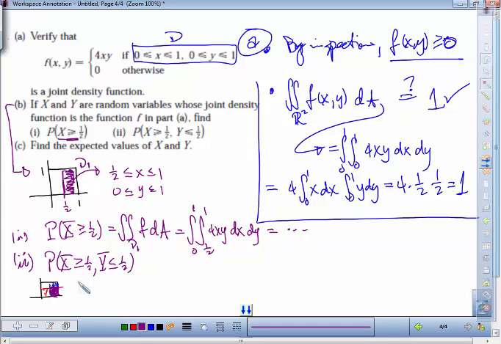So then you would set up your limits accordingly. Your x looks like it's going to go from 1/2 to 1, and your y looks like it's going to go from 0 to 1/2. So you just set up your integral the same way.